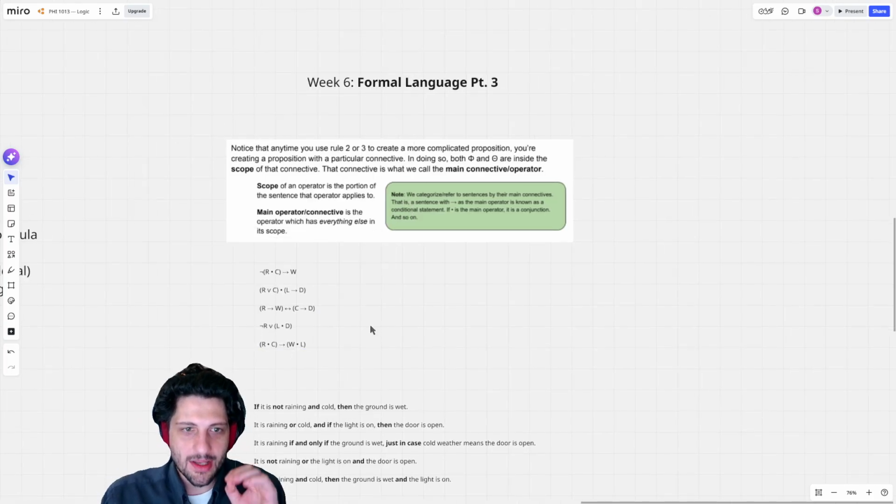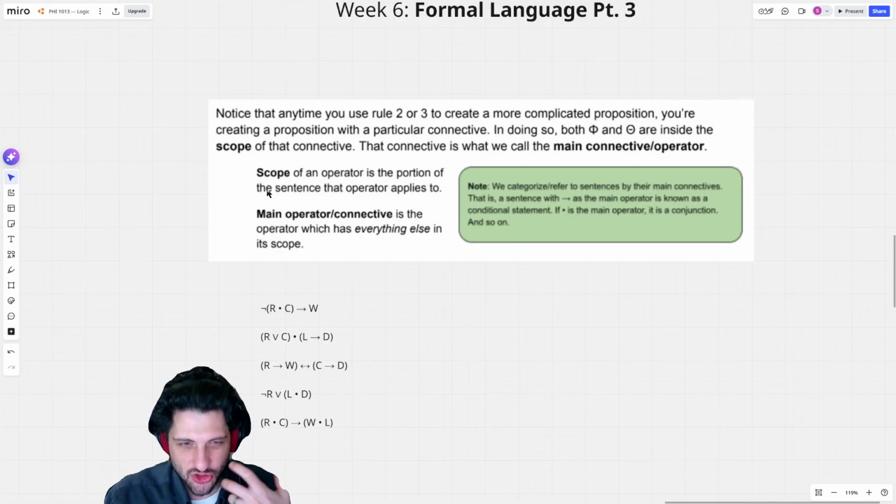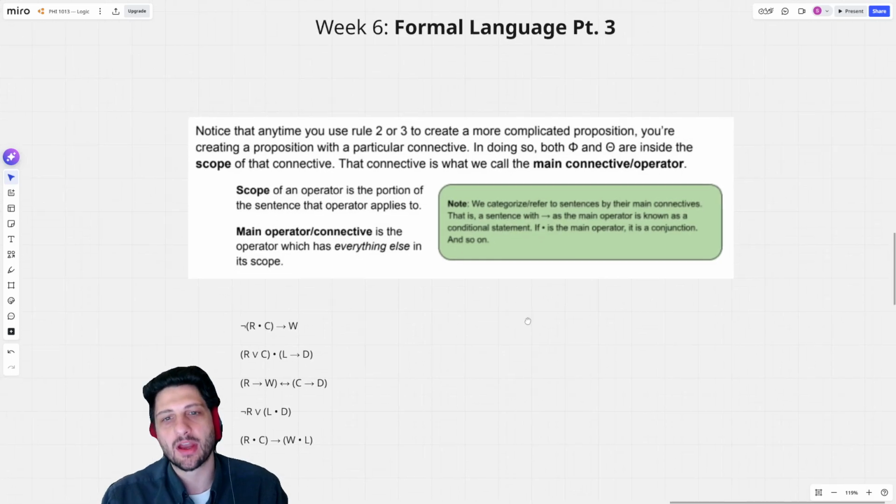But really what I want to focus in on is this idea of main operator or connective and the scope of an operator.